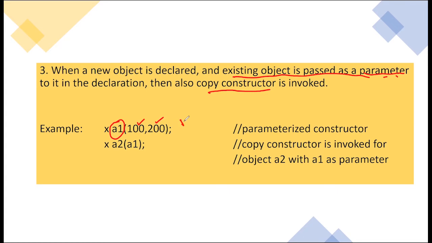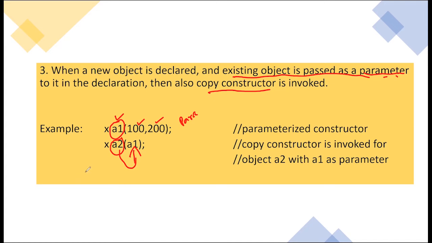So what is this method? This is nothing but a parameterized constructor. So I have initialized the data members of object A1 as 100 and 200. Now I am passing this A1 as a parameter in my second object.